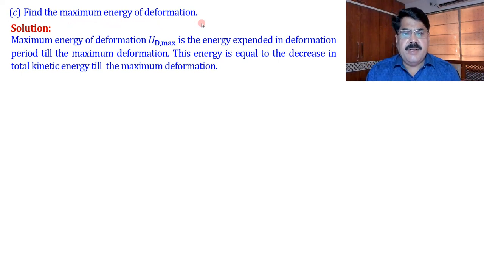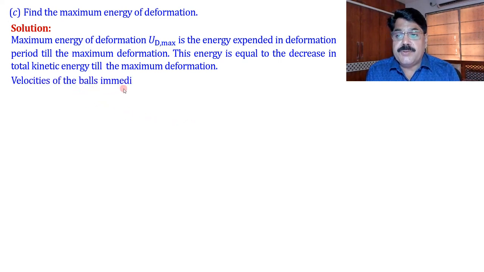It doesn't mean the energy stored in deforming forces; that is called the maximum elastic potential energy stored. So here the maximum energy of deformation is how much energy has been required in the deforming process, and maximum is till the maximum deformation. So that will be the difference in kinetic energy at the instant of beginning of collision and at the instant of maximum deformation.